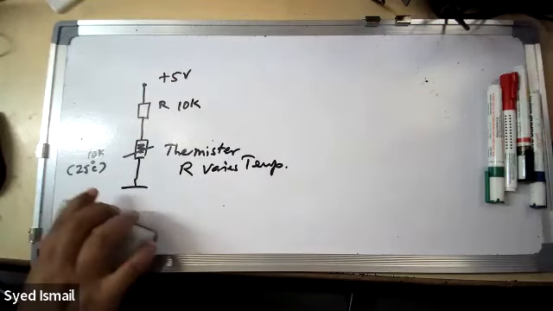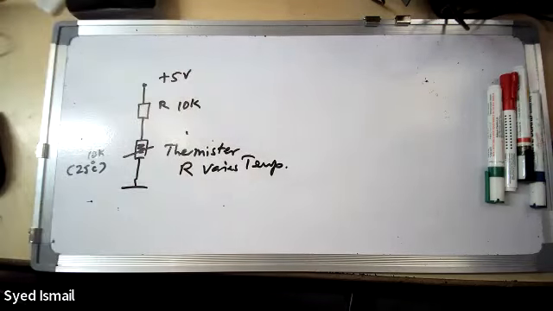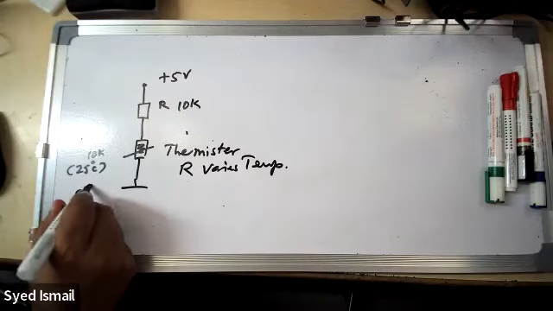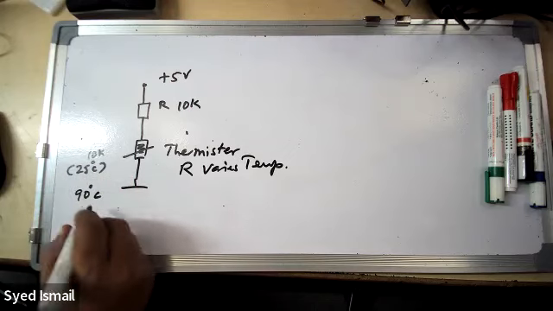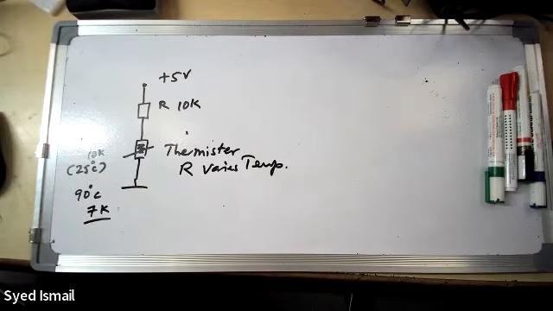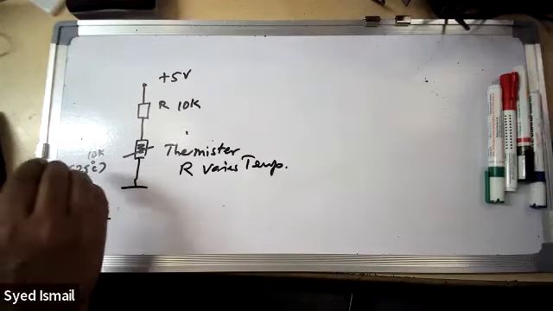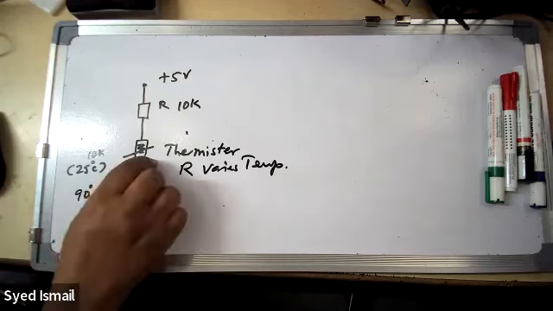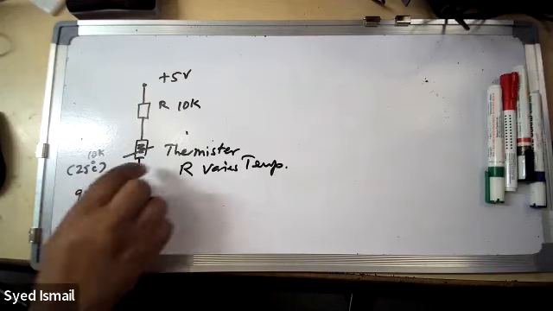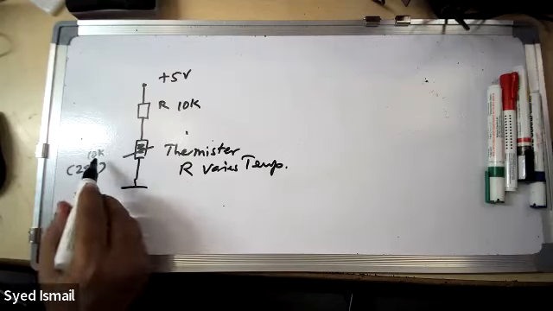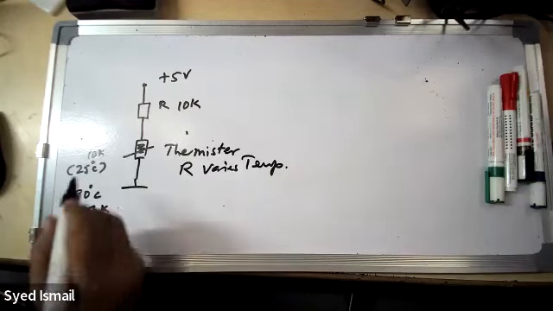The examples are enough for you right now. So, for example, instead of 25, let us say it reaches 90 degrees Celsius, this will be somewhere about 7K. So now you see at 25 degrees, 10K is the resistance of this, whereas at 90 degrees it is 7K. Just an example I'm telling you. So there is a difference of 3K variation.